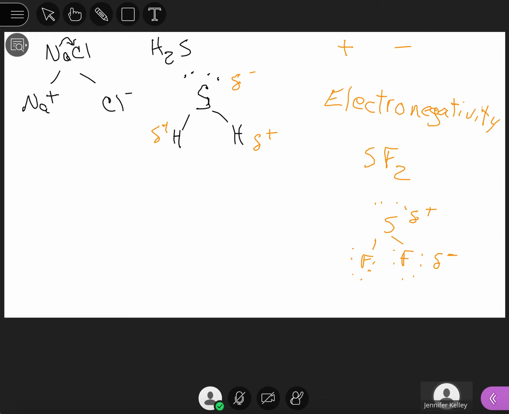What's happening is the sodium and the chlorine will get slightly separated so that you get some H2S's in between. So this is going to have the S's near it, and this is going to have the H's near it.